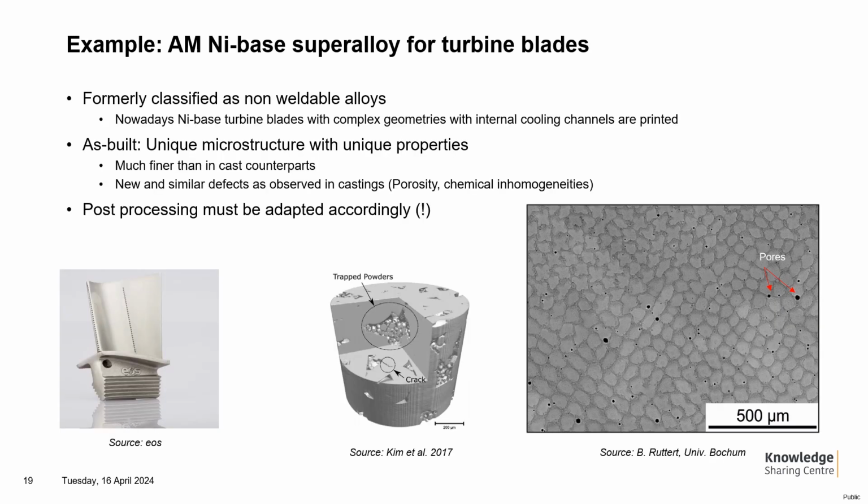Again, as an example, we take a look at turbine blade material, but now after printing. The as-built microstructure is unique. In comparison to its cast counterparts, the AM solidification structure is much finer due to the high solidification rates. This one we can see here on the 2D cross-section.